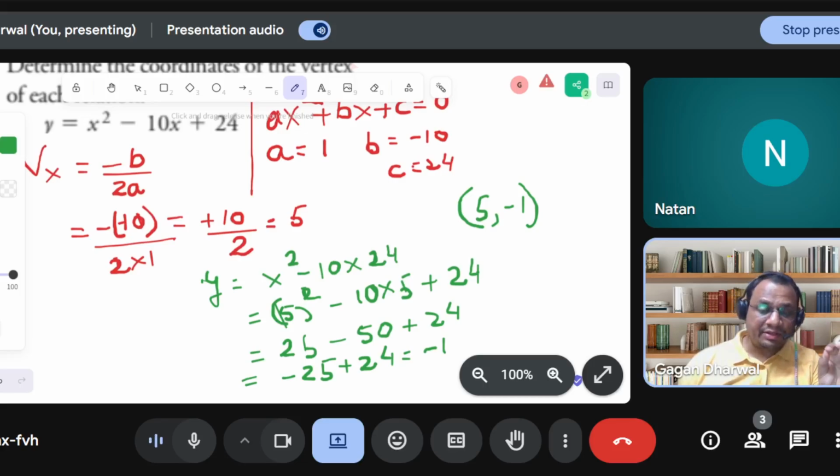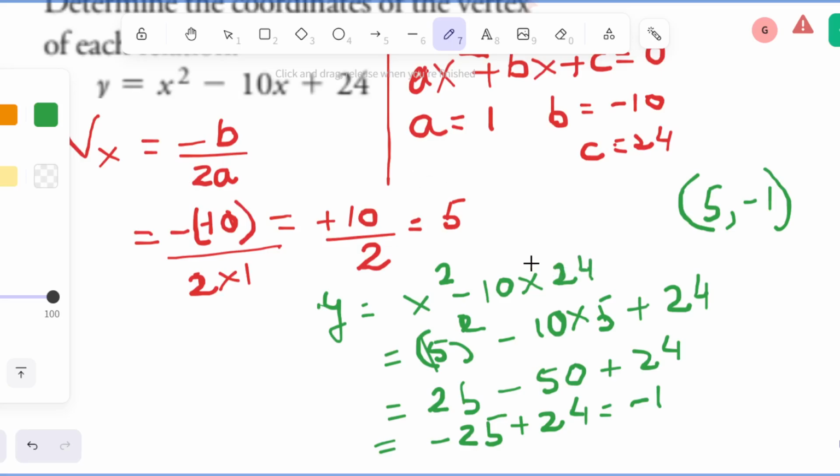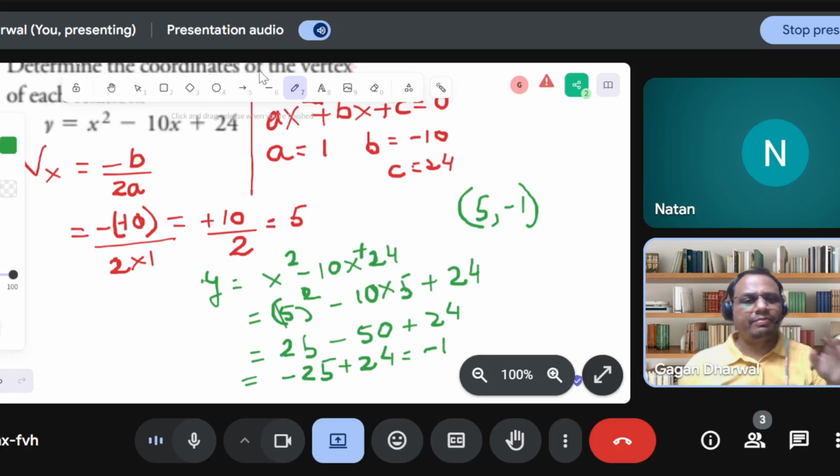This x coordinate we put into the original equation, x square minus 10x plus 24. I think I missed putting plus here, plus 24. Then when we plug in the values, we got the y coordinate as minus 1. So the vertex coordinates are 5 comma minus 1.